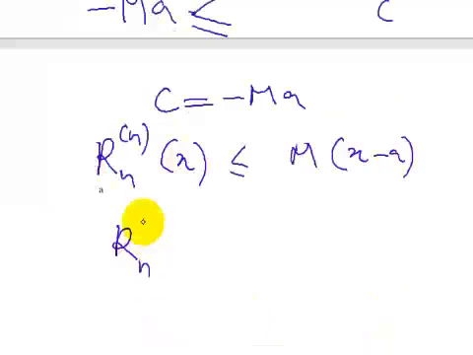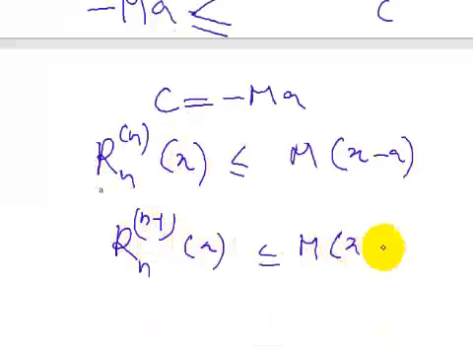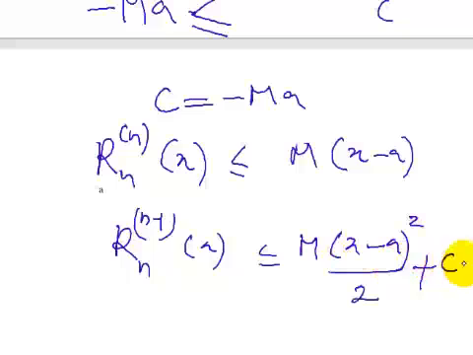When you integrate this one, this becomes the n minus 1 derivative, right? So this one becomes m times (x minus a) to the power 2 over 2, right, plus again a constant. So you can evaluate that constant.